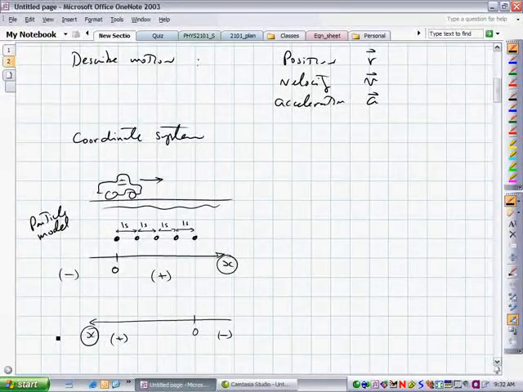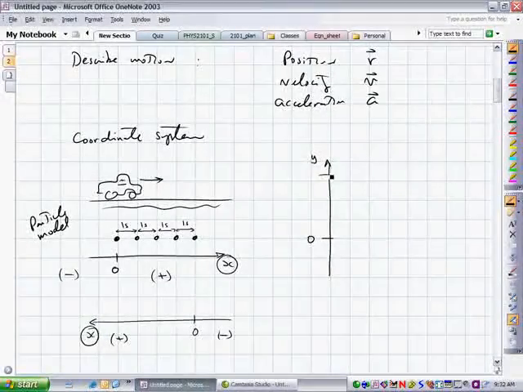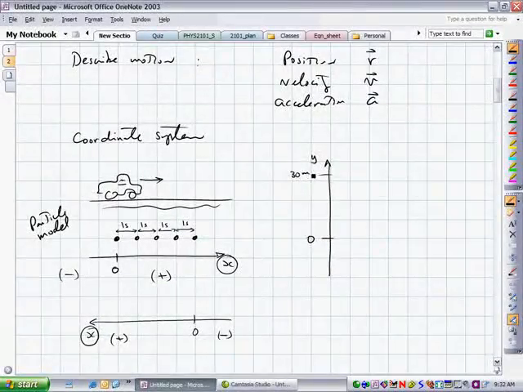In the case of a linear motion in the vertical direction, that falling rock, for example, of course a suitable axis would be the y-axis. This is our origin, and let's say our cliff is 30 meters high and the rock starts at 30 meters high. Experience tells us that as the rock falls, it picks up speed.